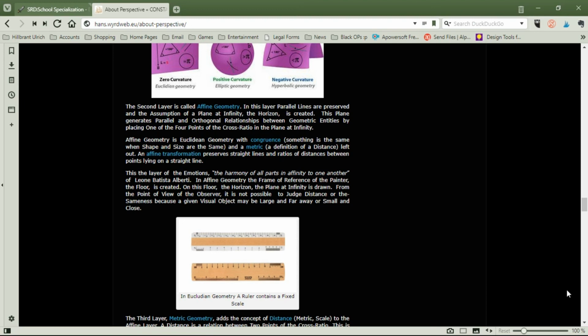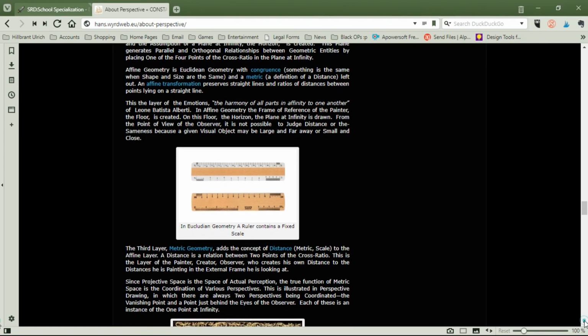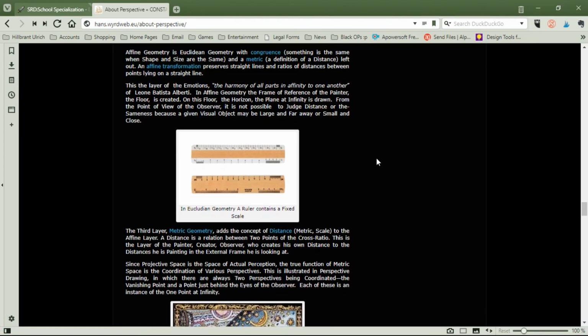This is the layer of the emotions, the harmony of all parts in affinity to one another, of Alberti. In affine geometry, the frame of reference of the painter, the floor, is created. On this floor, the horizon, the plane at infinity, is drawn. From the point of view of the observer, it is not possible to judge distance or the sameness because a given visual object may be large and far away or small and close.